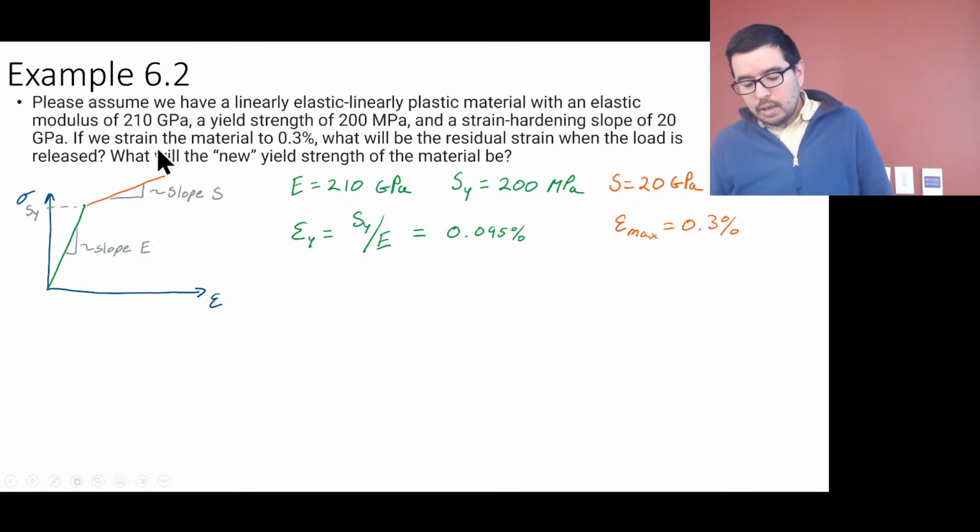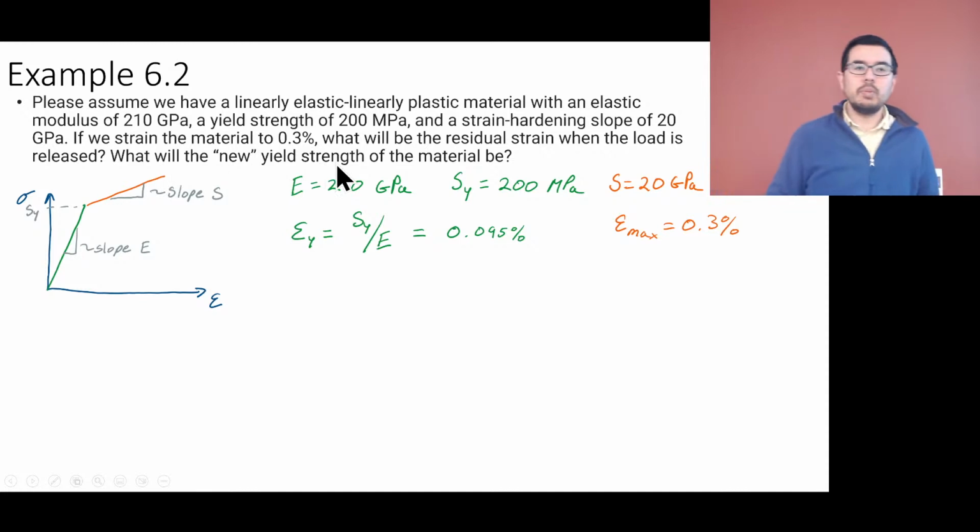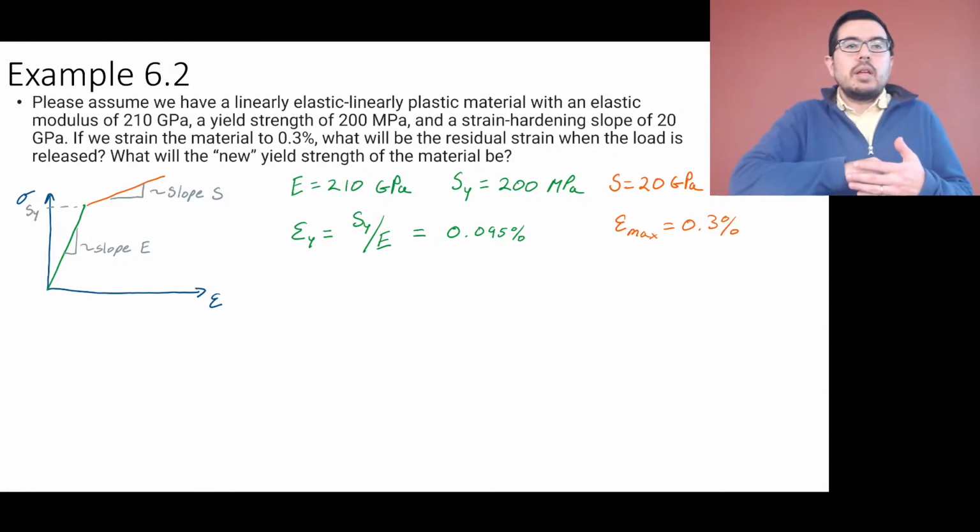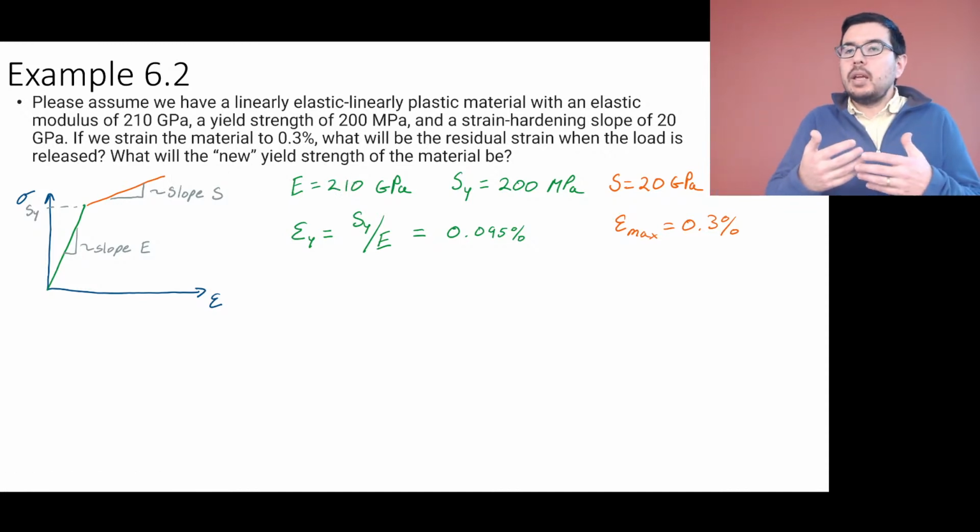We once again go to 0.3%, and now we want to know a couple of things. What will be the residual strain when the load is released? And what will the new yield strength of the material be? So we're able to capture the strain hardening behavior here.